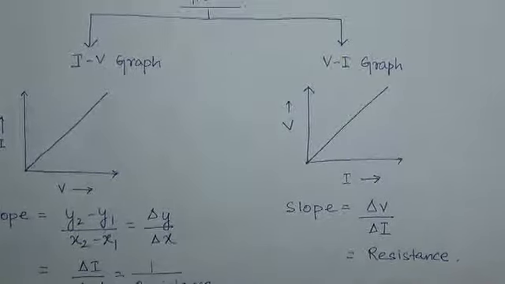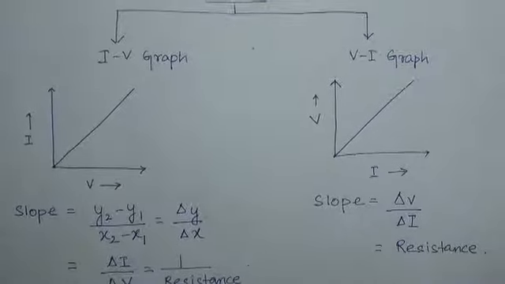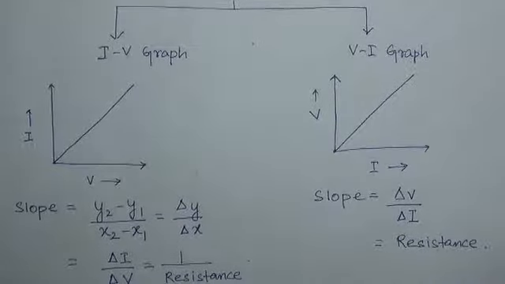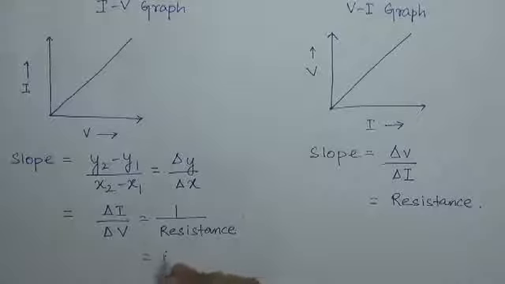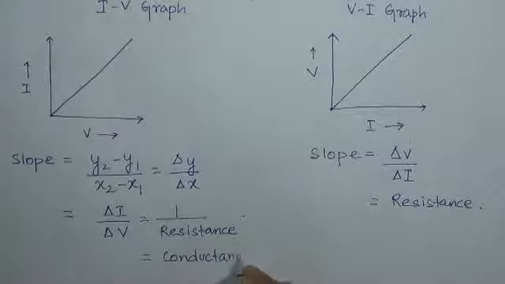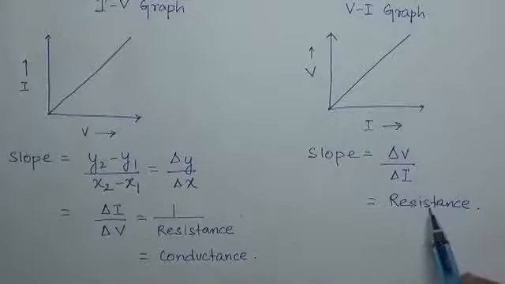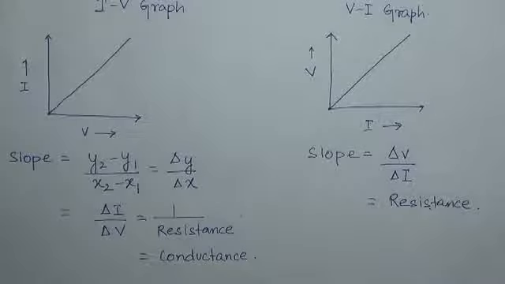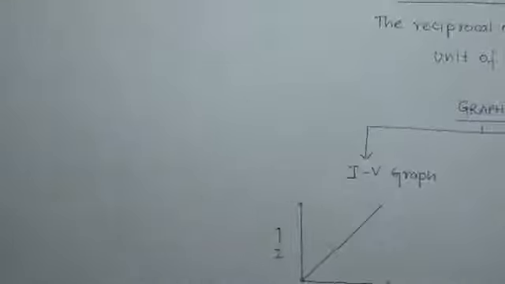Whenever you are given a question with an IV graph, from the slope you will get the reciprocal of resistance, which is also called conductance. And whenever you are provided with a VI graph, directly from the slope you will get the value of resistance.